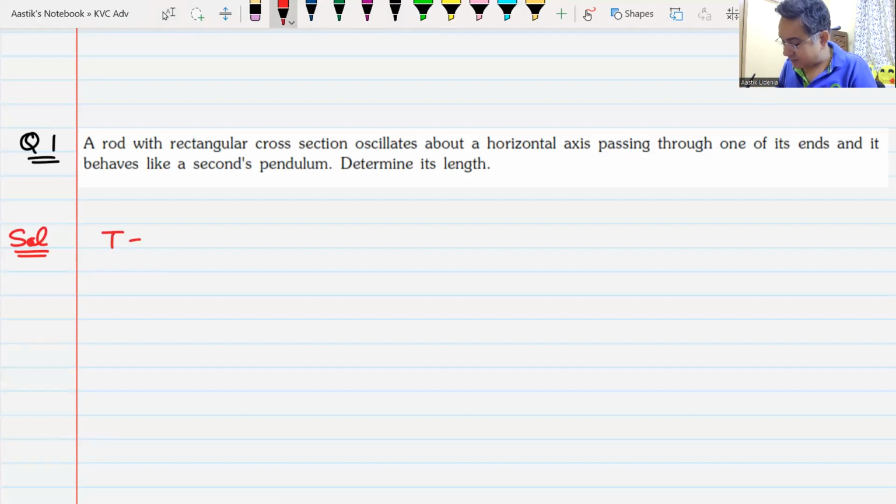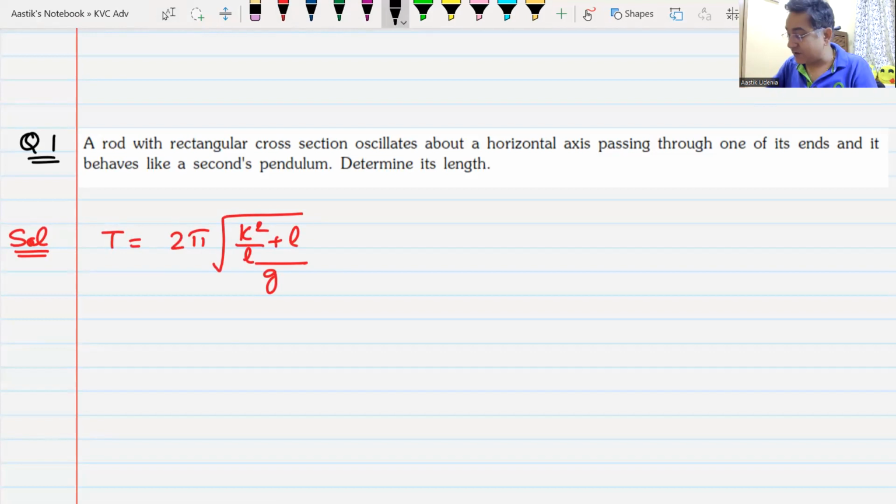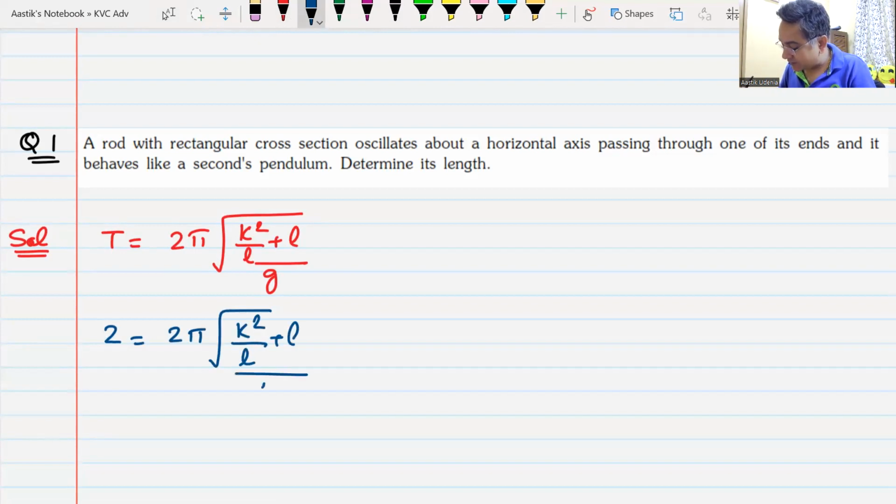So we know time period is 2 pi root over (k square by L plus L) divided by g. And this time period is same as second pendulum. Time period of second pendulum is 2. So 2 is equal to 2 pi root over (k square by L plus L) divided by g. The 2 will get cancelled, and you can also cancel pi square with pi.